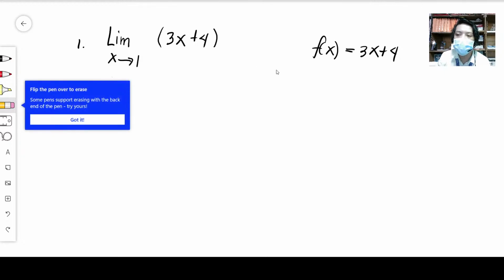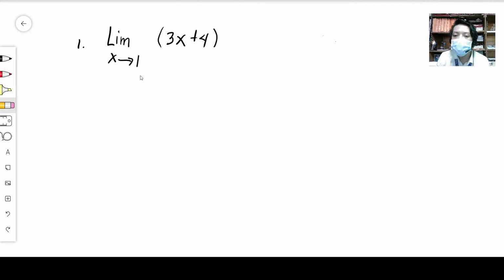For this case, we can automatically substitute this number here. You substitute the value of x, since x approaches 1. So you substitute 1 for x.